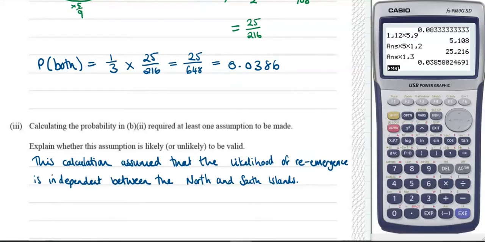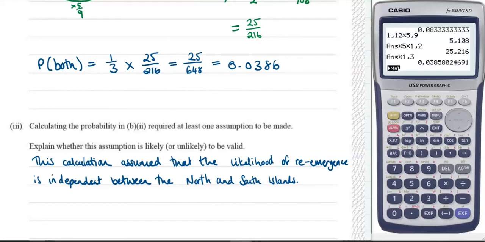So we've assumed that the likelihood of reemergence is independent. I'm putting this into context now. Is that a good assumption to make or not? Think about what might have caused a reemergence to be more likely within the first 8 months. It's probably down to weather. Say there are some good wind conditions that would spread the seeds, perhaps good sun exposure, so these wildlings have had the right conditions to thrive.